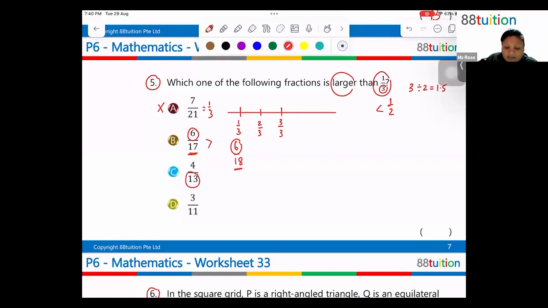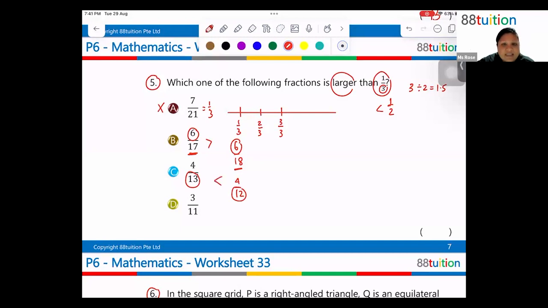denominator, so if I times 4, I will get 4/12. So now I have the same numerator. I just need to compare the denominator. Which is greater? 4/12 or 4/13? The bigger the denominator, the smaller is the fraction.